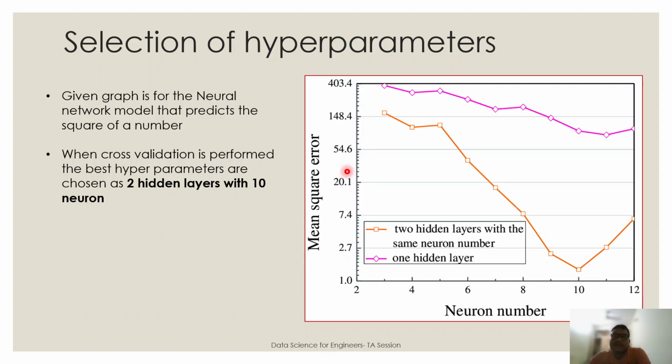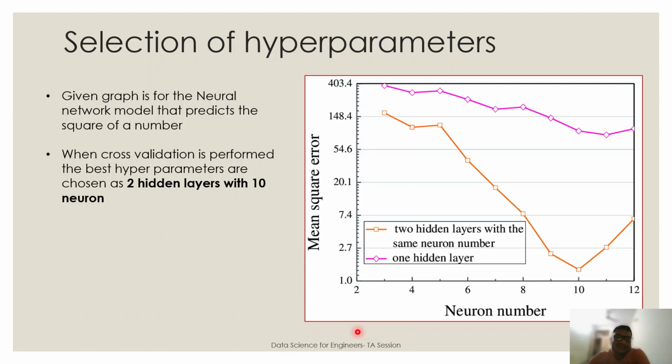In this graph, you are able to see mean square error shown on the y-axis for the neural network model. A neural network model is inspired by our brain's neural cells, and consists of neurons and a number of layers. So one of the hyperparameters is the layers and the number of neurons.